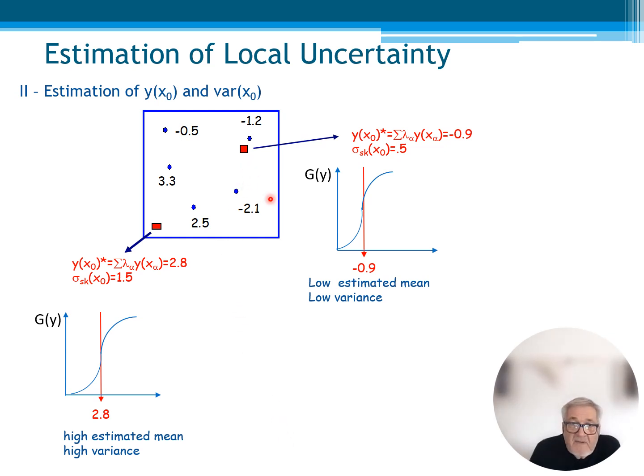For example, in this point here, there are just low surrounding values, very far from the target, so we have a low estimated mean, because those values are low, and a low variance.